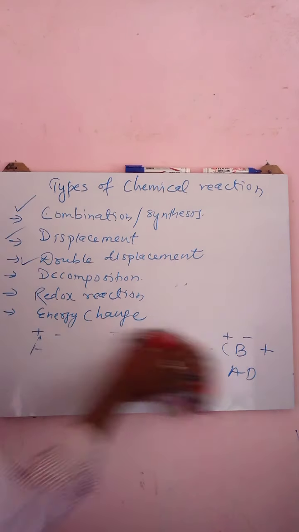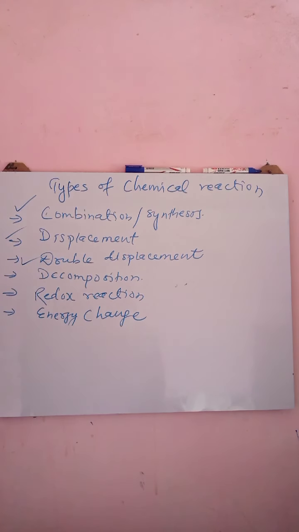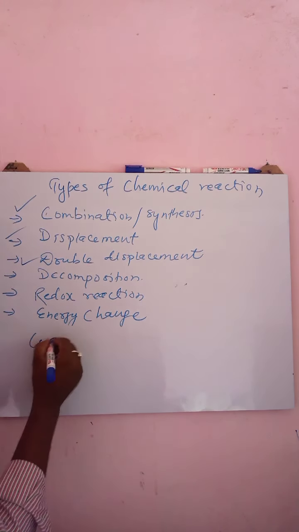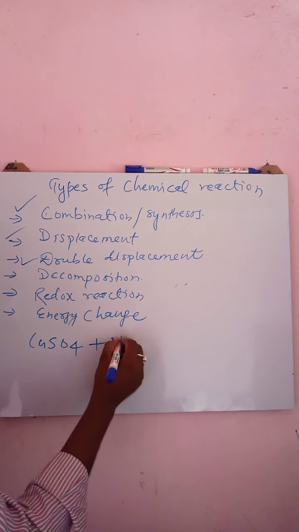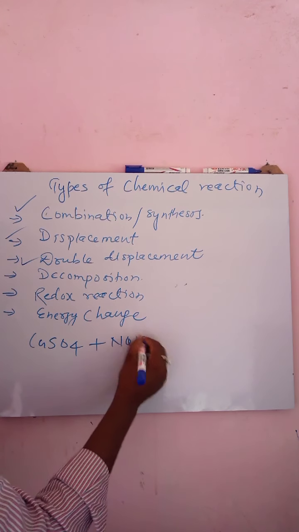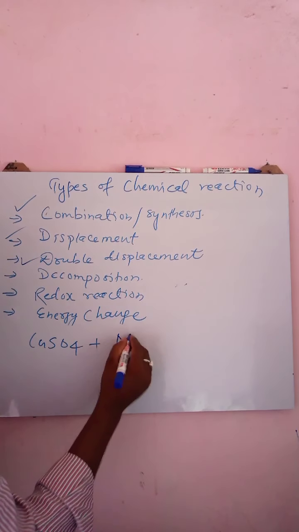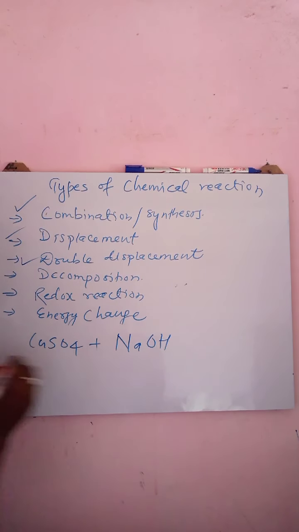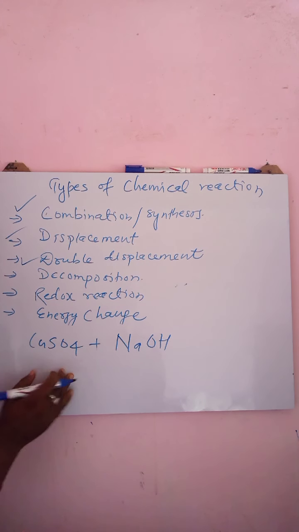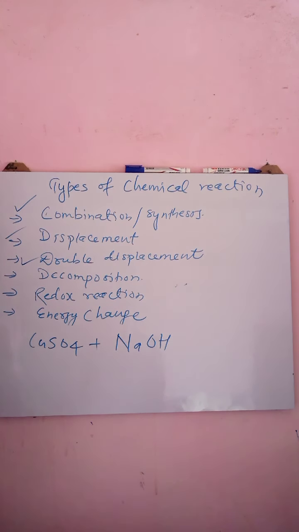For example, reaction of copper sulfate with NaOH. Let us split these reactants because they are ionic compounds. It means they consist of positive and negative radicals.